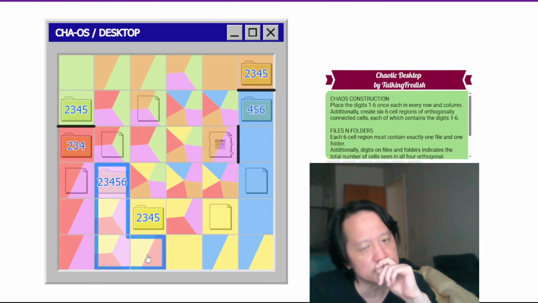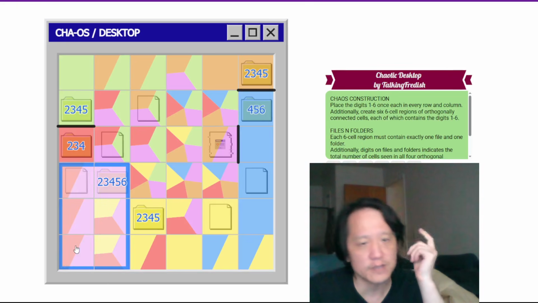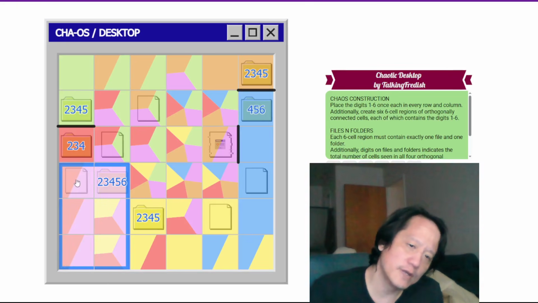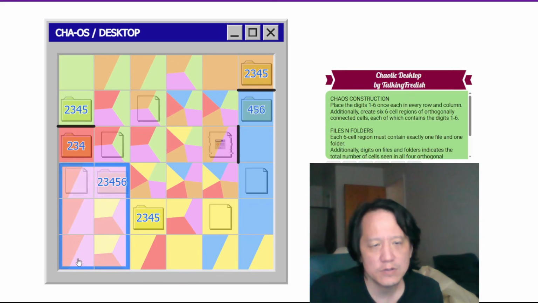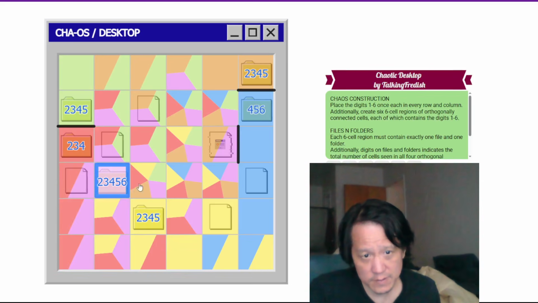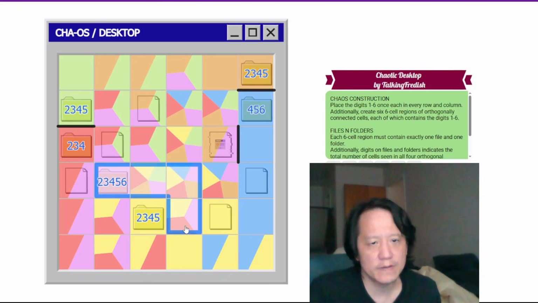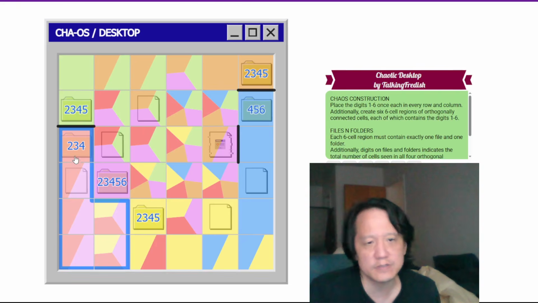But you could have pink go this way. And these would have to be different. This would have to be the corrupted file. So that is possible. We could have pink go this way as long as red enters these.